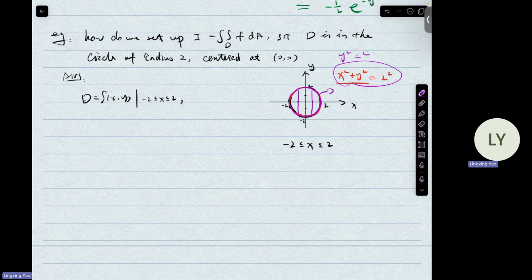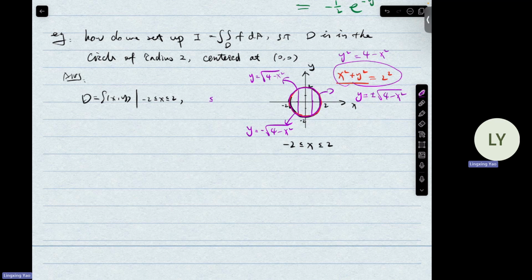y squared equals 4 minus x squared. So y equals plus or minus square root of 4 minus x squared. So obviously the top piece is y equals positive square root of 4 minus x squared. This bottom piece is y equals negative square root of 4 minus x squared.